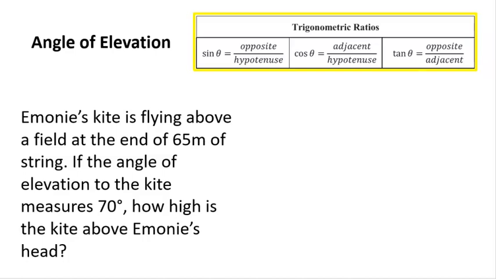And so with this one, we can draw a little picture. Here she is, and she's flying a kite, right? And so the kite, okay, and so it's 65 meters of string, and then we're creating a triangle here.